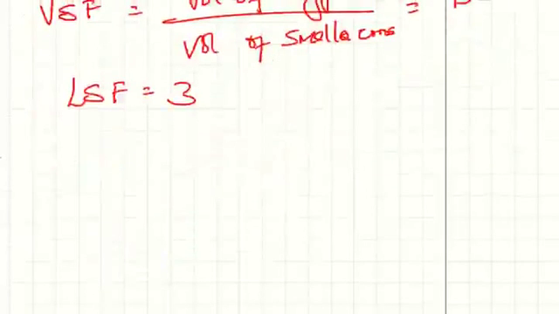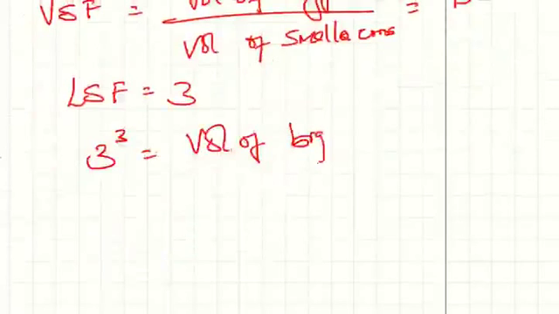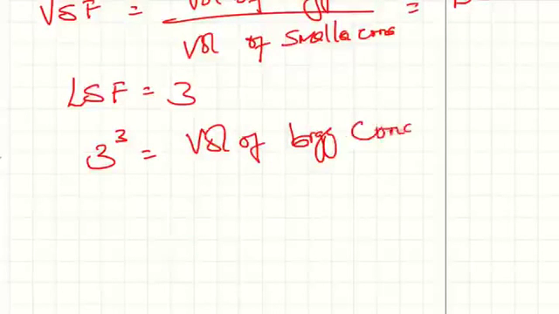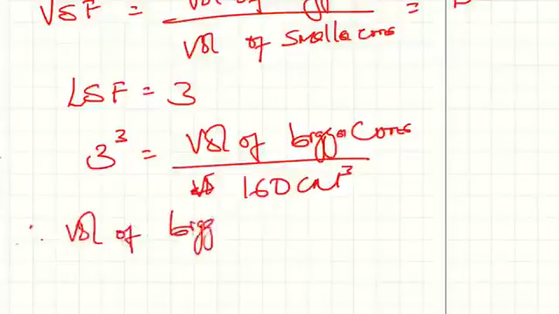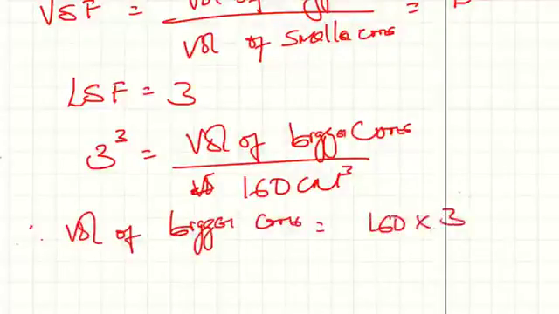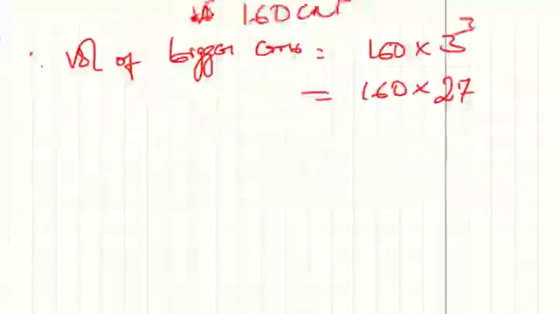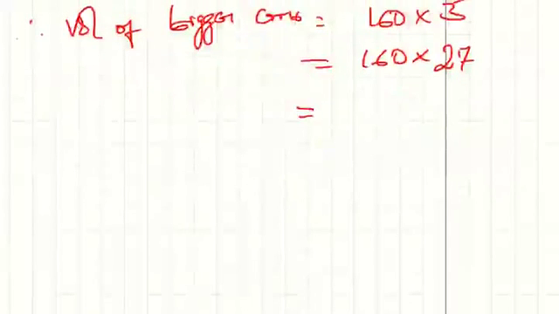So we have our linear scale factor equal to 3. Therefore, we say 3 cubed is equal to volume of bigger cone over volume of smaller cone, which is 160 cubic centimeters. Therefore, volume of bigger cone will be equal to 160 times 3 cubed, which is the same as saying 160 times 3 times 3 times 3, that is 27, to give me a volume of 160 times 27.